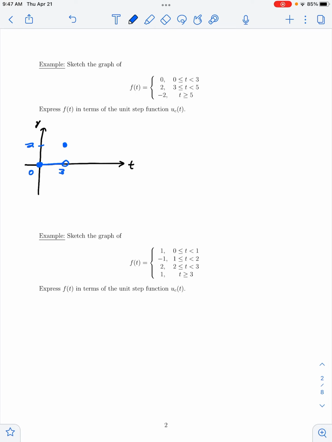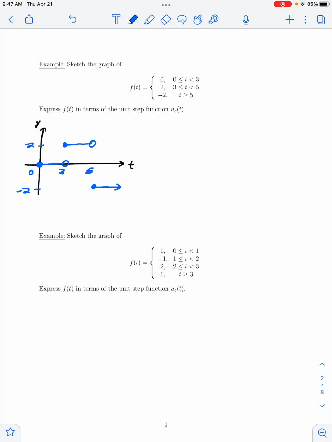And then it remains valued as 2 until time 5, at which point a jump occurs and the value of our function changes to negative 2. And then it remains valued as negative 2 for all t greater than or equal to 5.